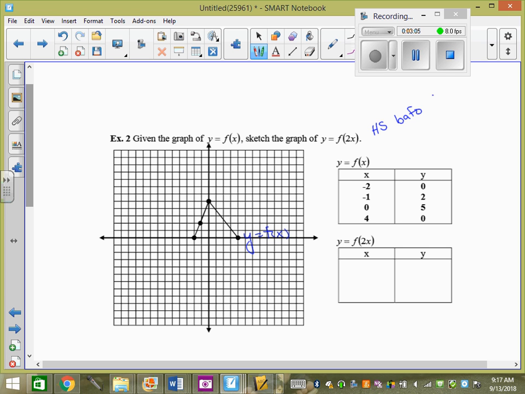This is 2 over 1, so what's it going to be? 1 over 2 about the y-axis, because it's with the x. So my y's are all going to stay the same, and my x's are going to be halved. So this negative 2 is going to become 1 by a factor of.